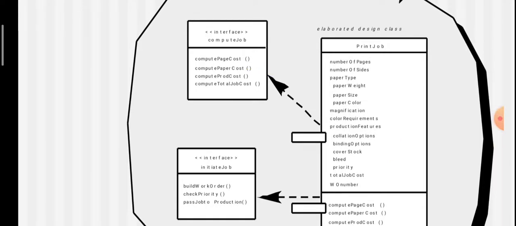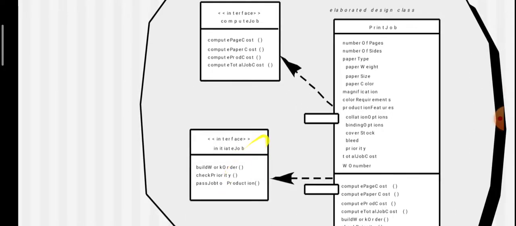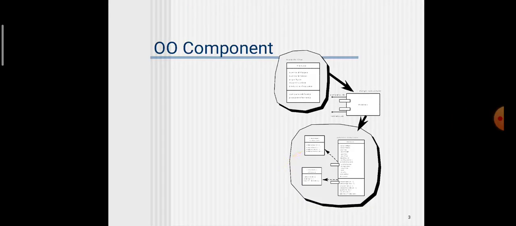Interface compute job and initiate job. Compute job specifically has the methods to compute the job, and those methods are compute page cost, compute paper cost, compute production cost, compute total job cost, and here build work order, check priority, and pass job. So this is the gist about an object oriented component.